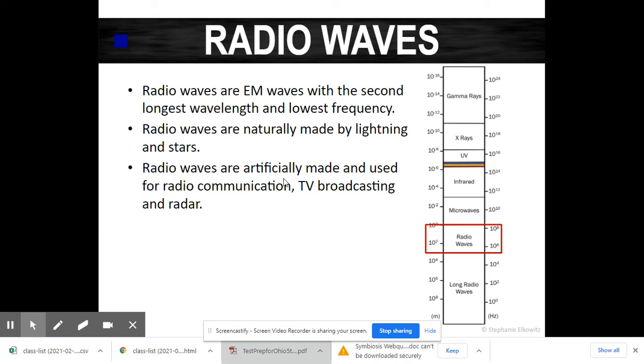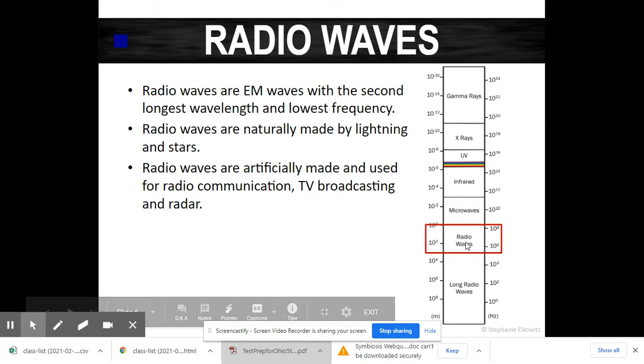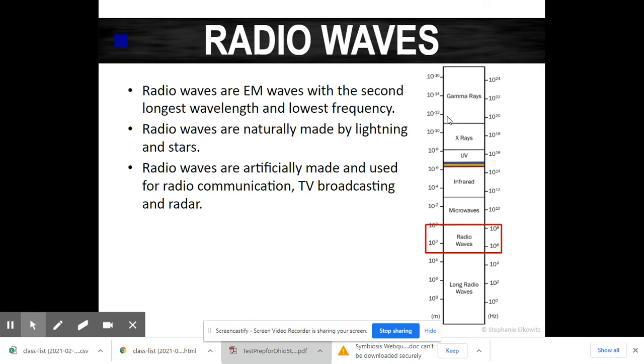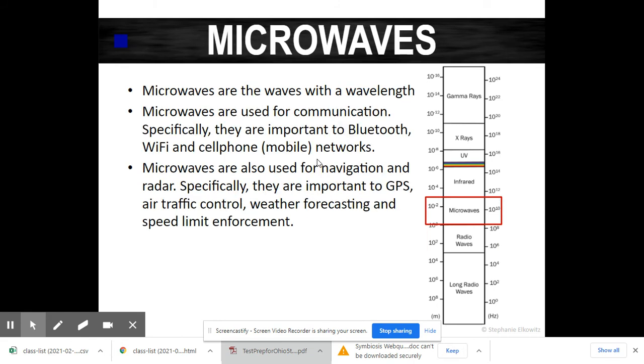Like when the meteorologists are trying to determine the Doppler radar, we use radio waves for these types of communication. Okay, they're powerful, but not super powerful. We're going to start with radio, and each time we go up this electromagnetic spectrum, they become more powerful.